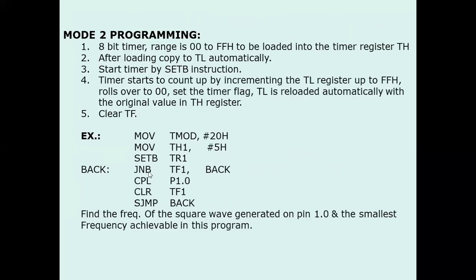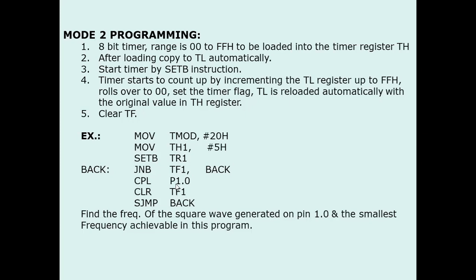So in the program, TF1, the timer overflow flag for timer 1, is continuously checked to see whether it is set or not by the JNB TF1 instruction. If it is not set, then this loop repeats. Clear? And when this bit is set, the condition is not satisfied, and it comes to the next instruction, that is CPL P1.0.